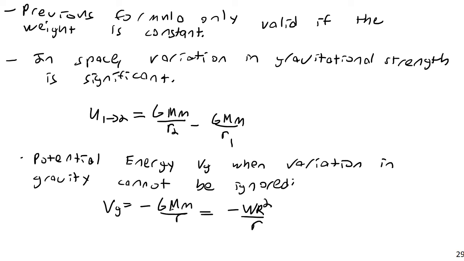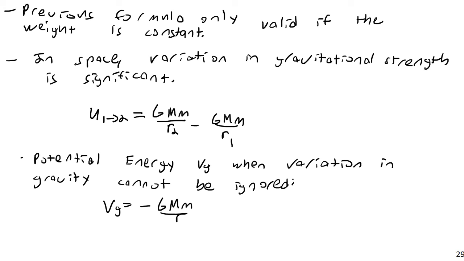I need to research what that capital R would be, so let's just ignore that one. Negative G M m over r is probably the one you want to use in general.